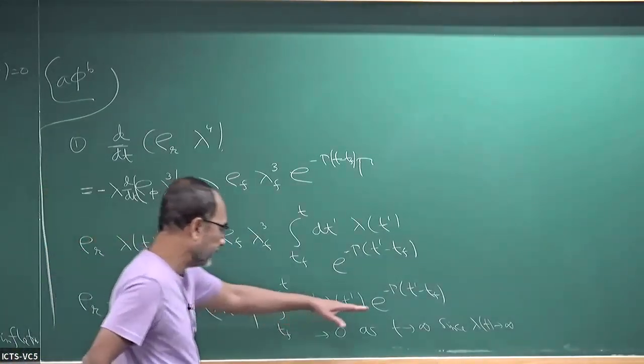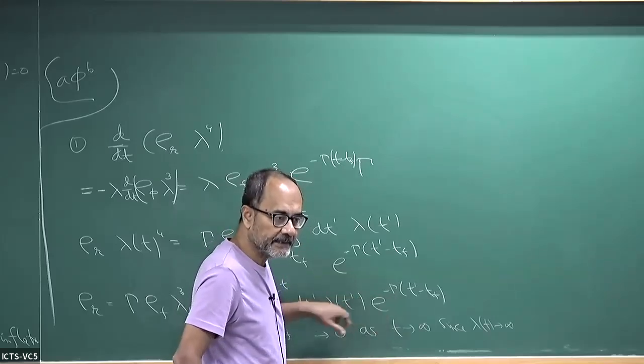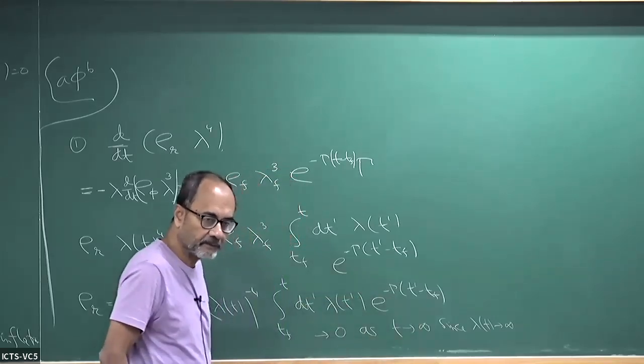This is a finite integral because of this gamma. This integral is finite as t goes to infinity.